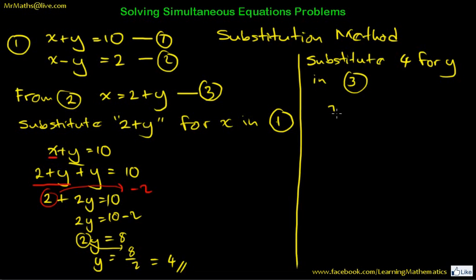So x is equal to 2 plus y, right? So now y is 4. 2 plus 4, so x is equal to 6. Okay, still consistent with the first method, elimination method. So this is substitution method.